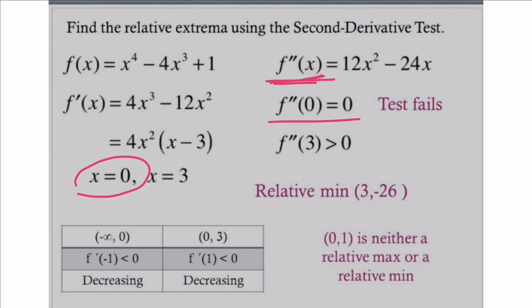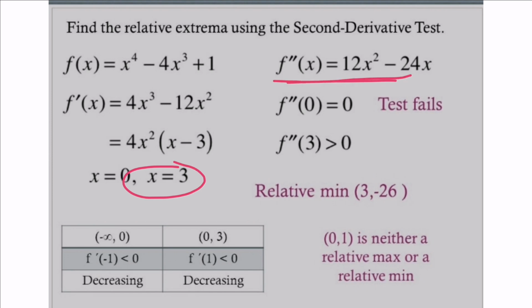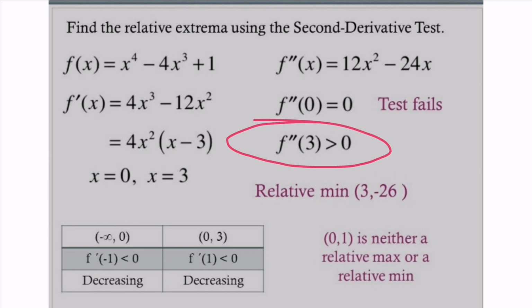So this means that the test fails. Now if we substitute x equal to 3 in the second derivative, by simple simplification, we get that the second derivative at x equal to 3 is greater than 0. So at x equal to 3, the function has a relative minima, and the relative minima will be (3, minus 26).